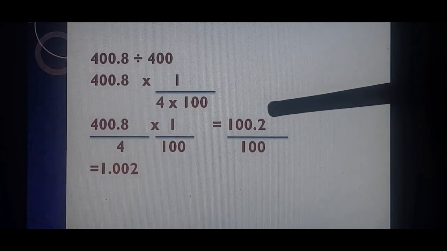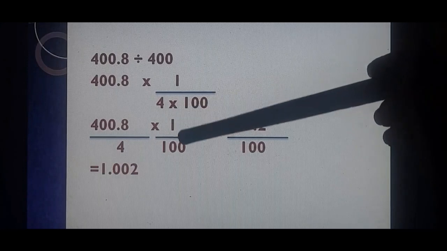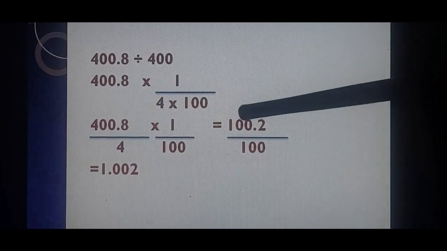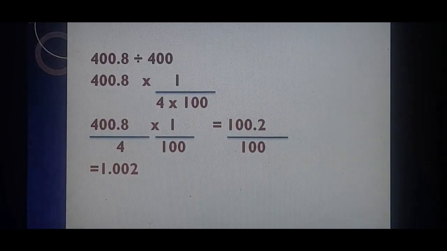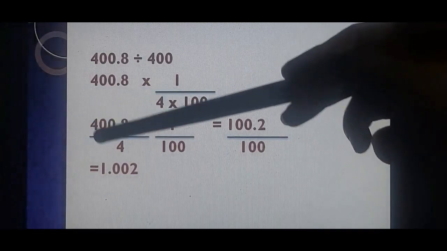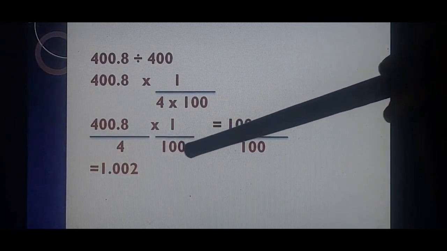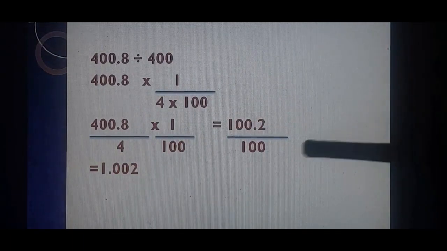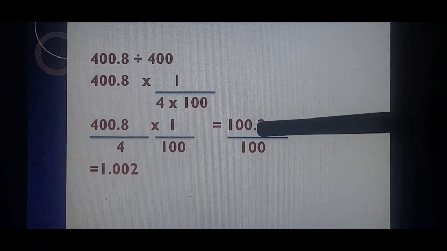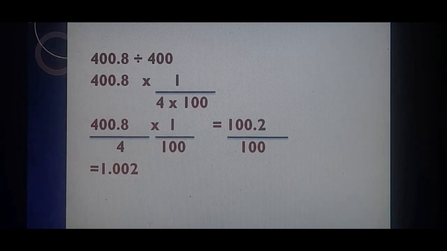So 100.2 multiplied by 1 upon 100, or we can say 100.2 upon 100. Right? इसको हमने पहले सॉल्व कर लिया और इसका आंसर हमने यहाँ लिख दिया. And now it is divided by 100. Now the denominator has 2 zeros. So decimal will shift. Now you tell me beta, decimal will shift to the forward or to the backward? Division is there.